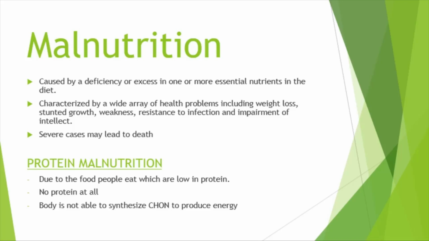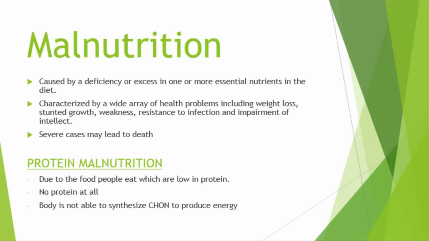So now let's go to the pathologic side of your proteins. We have here malnutrition. When we say malnutrition, it is caused by the deficiency or excess of one or more essential nutrients in the diet. It is characterized by a wide array of health problems, including weight loss, stunted growth, weakness, resistance to infection, and impairment of intellect. Severe cases of this may lead to death.